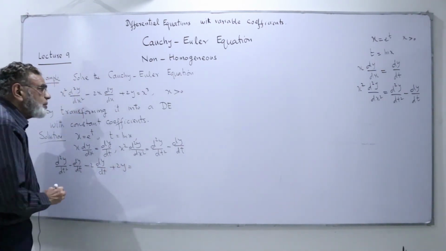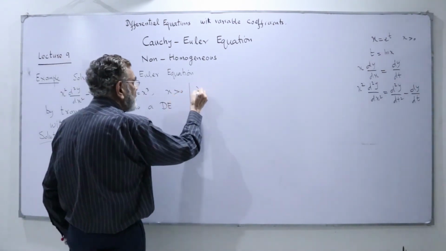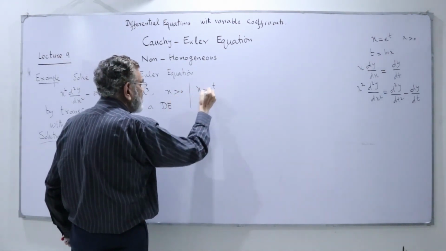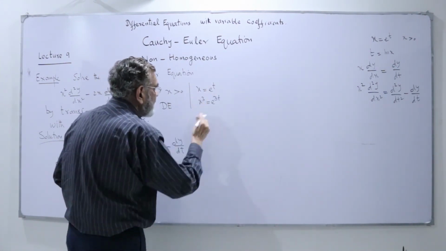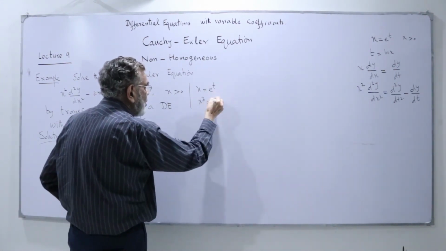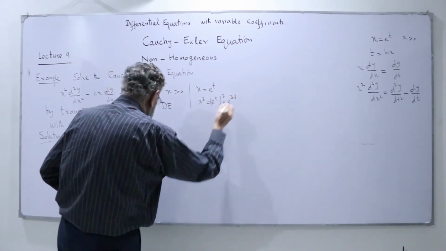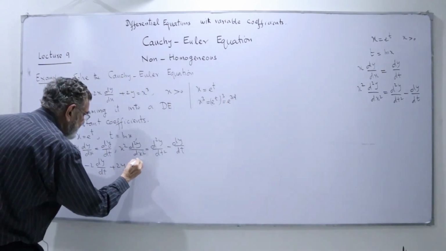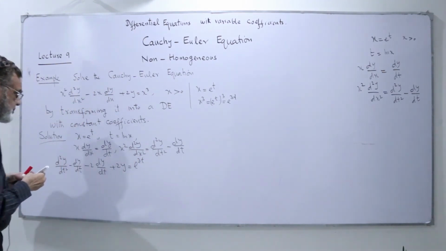We are having x cube. What's my x cube? I change it. I take my x is equal to e to power t. What's my x cube? My x cube will be e to power t whole to power 3, and this will be e to power 3t. So I get this new differential equation, and that's my differential equation with constant coefficients.